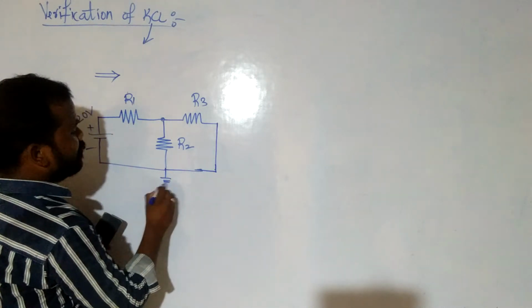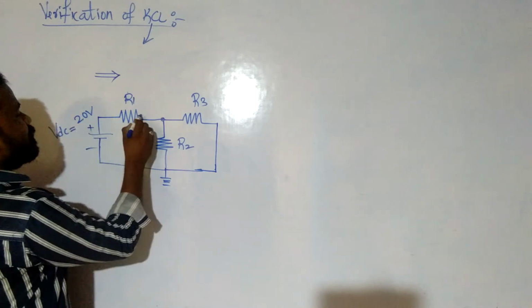So this is the junction point, this is R1, this is R2, this is R3. Suppose I apply a DC voltage to this circuit, for example VDC equal to 20 volts, and here this is a closed path. Now the circuit is grounded like this.